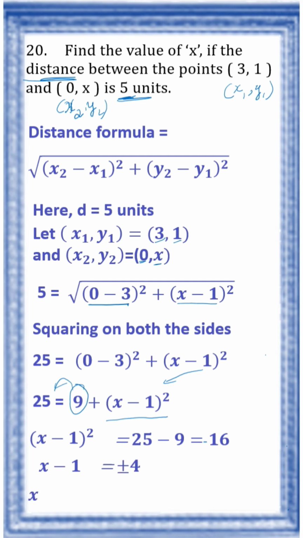So x is equal to how much? Move this 1 to this place. 1 plus 4 is equal to 5 or 1 minus 4, that is equal to minus 3, because here this is bigger number.